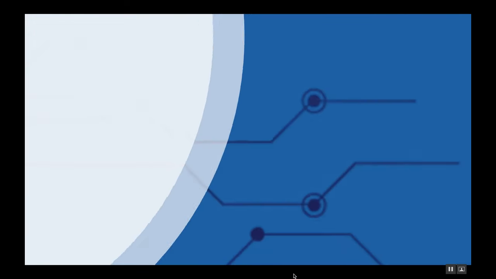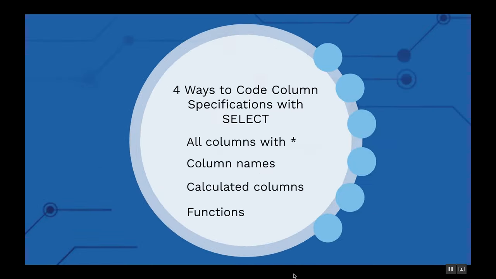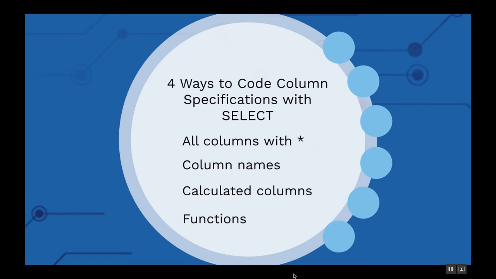Let's look more closely at the select clause. There are different ways to code columns with the select. You can reference all the columns of a table with an asterisk, or list column names like we saw in our example. You can also use calculated columns and functions as part of the select clause.